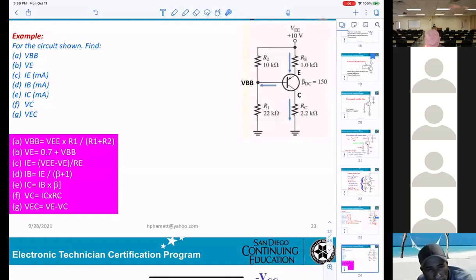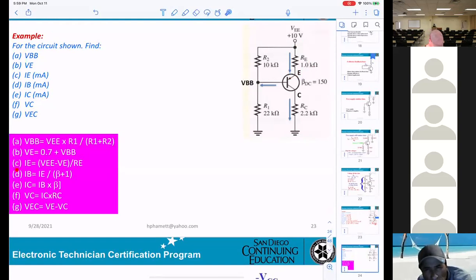Okay, and now you need to calculate IE. This IE right here. You know this side is VEE, this side is VE. So you take the difference between the two voltages divided by RE.